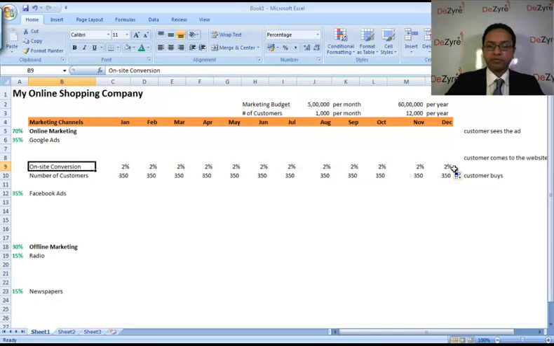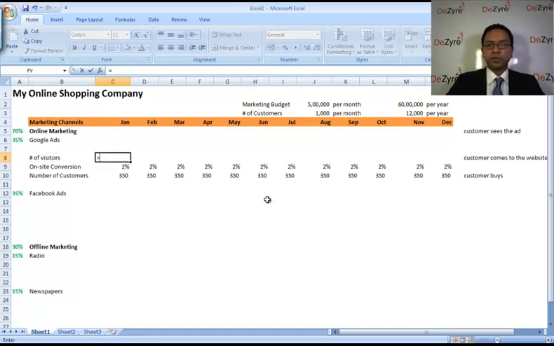Now, if 2% have to buy something, how many people have to come to your website? Let's just call this number of visitors.